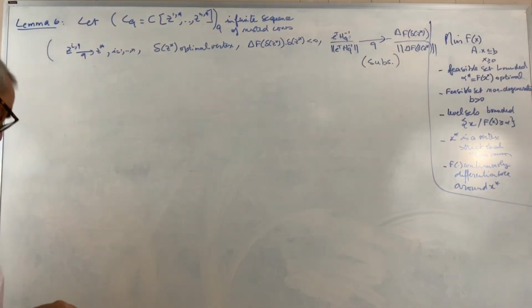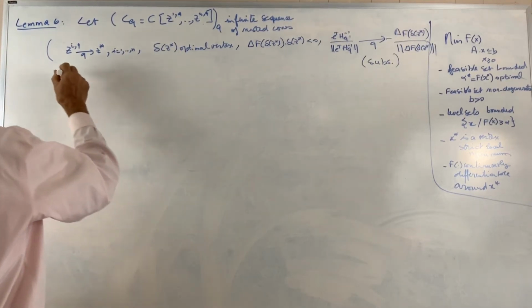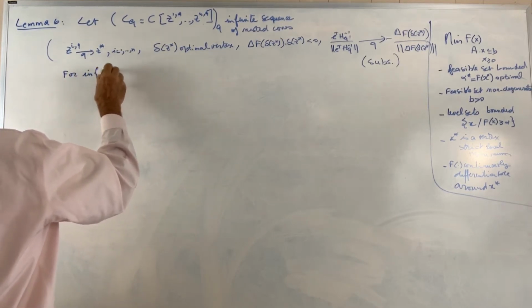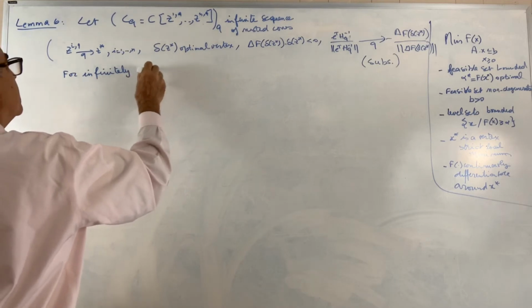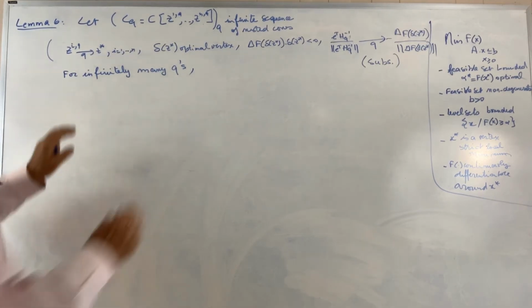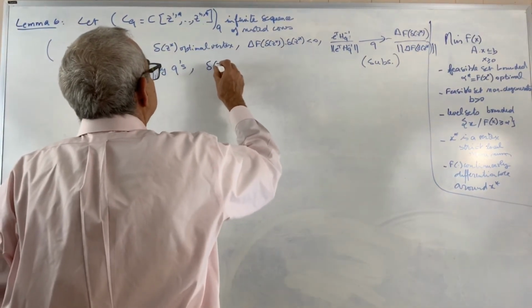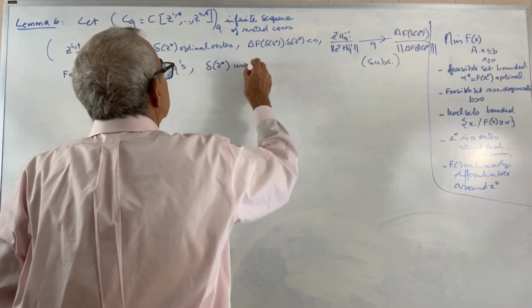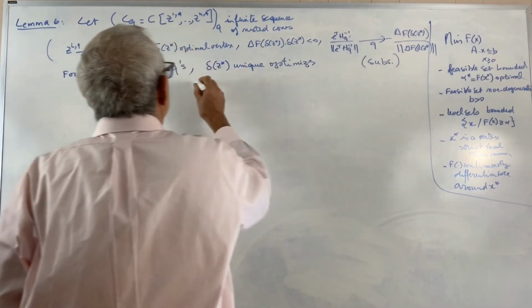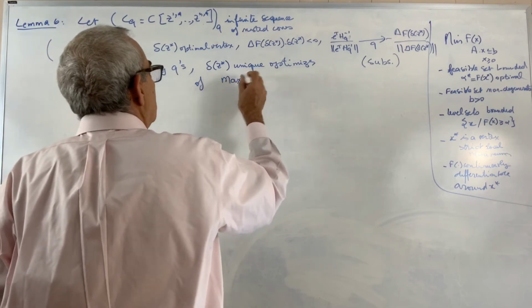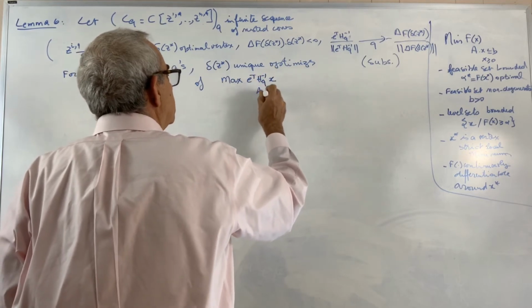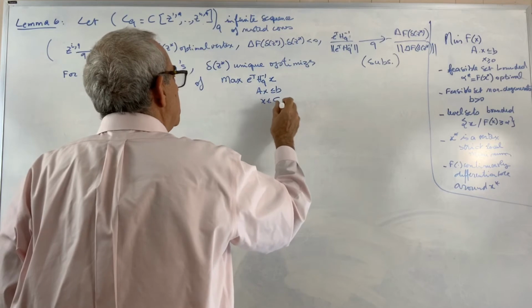So the theorem states that for infinitely many Qs, the delta Z star is the unique optimizer of the maximum of our linear program, E transpose H_{Q-1} X subject to AX less or equal to B, X belonging to C_Q.